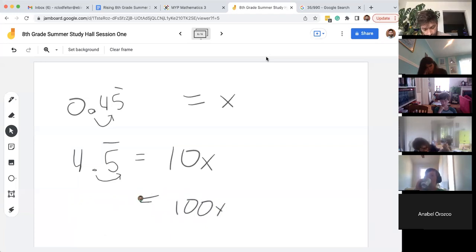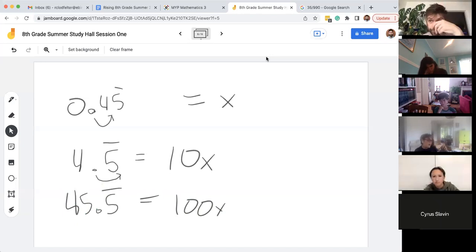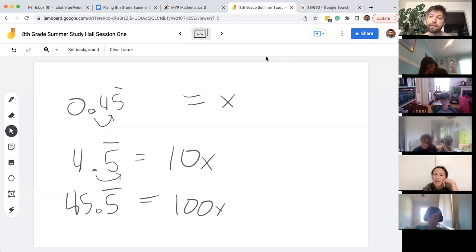Okay, so the reason why I did it is this. What I want is two numbers in which the repeating pattern behind the decimal is exactly the same, so that when I subtract one from the other, all of them disappear, okay?